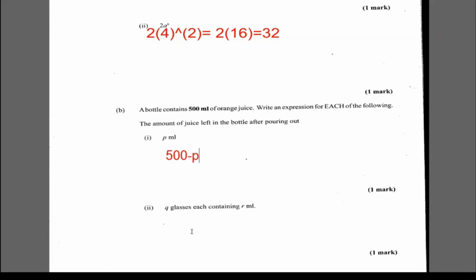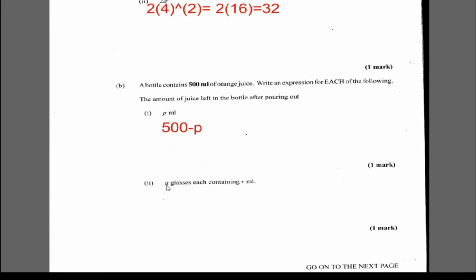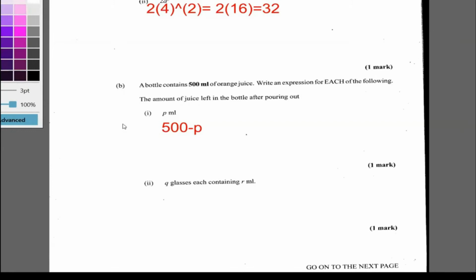Now it says the amount of juice left in the bottle after pouring out Q glasses, each containing R milliliters. Say you're pouring out Q glasses. Sometimes it might be a little vague to see, but it's good when you use numbers.